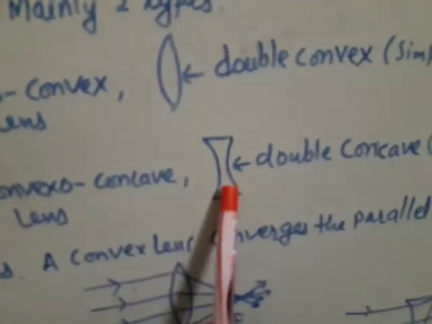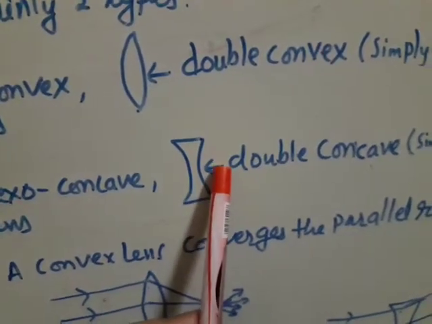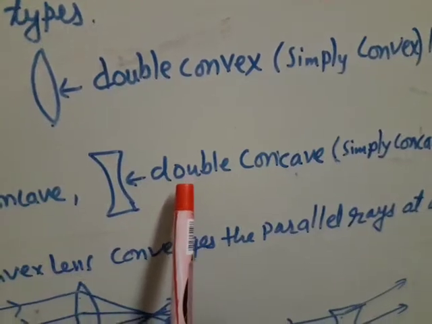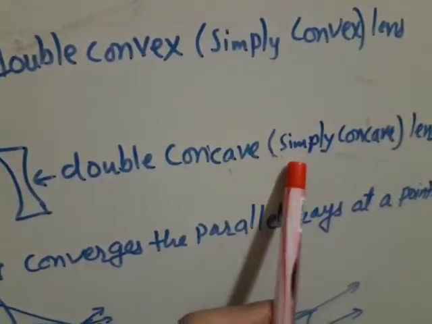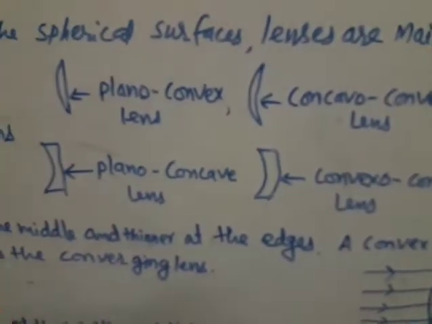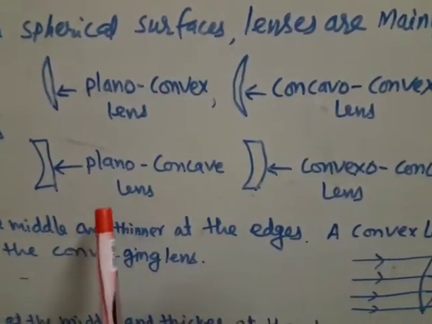And in this figure, both surfaces are concave, therefore it is named as double concave lens or simply concave lens.